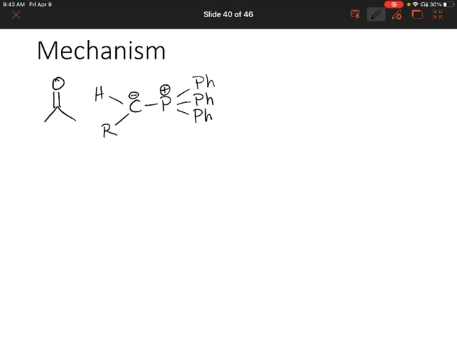That negatively charged carbon is our nucleophile, so that's going to attack the carbonyl carbon, which will move electrons up to oxygen. So now we have a negatively charged oxygen, and then on the other side we have that ylid.